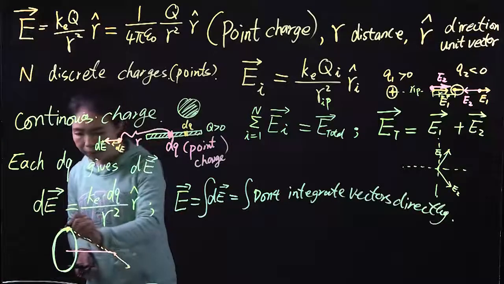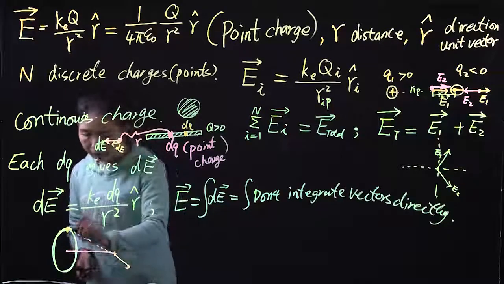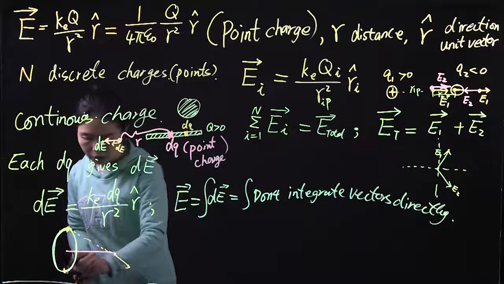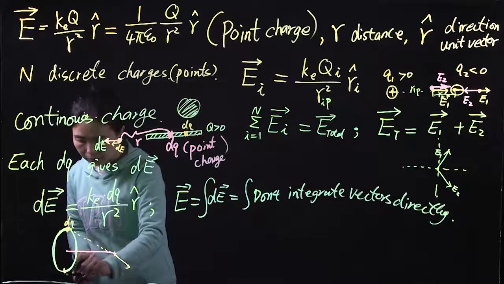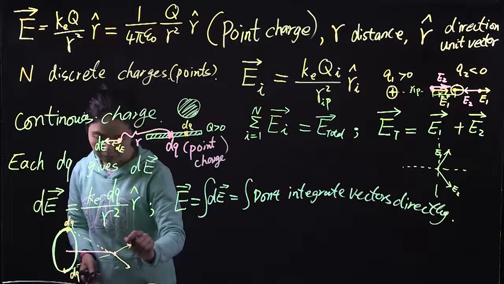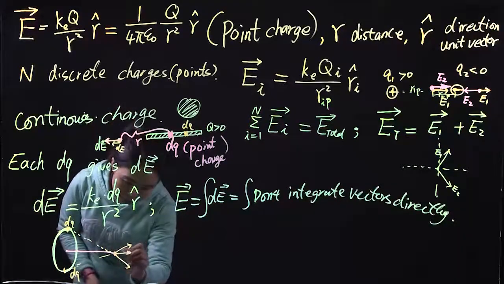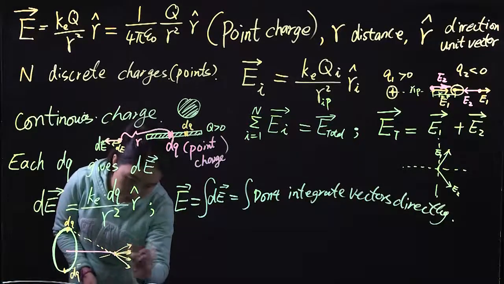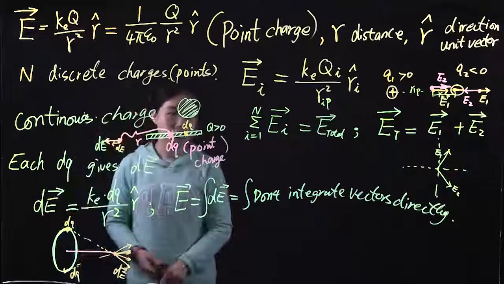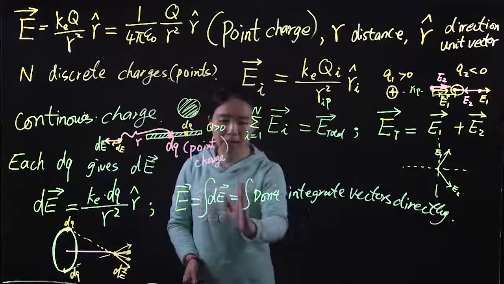Then another small dq is going to create something along this direction. You have an opposite one here facing the first charge. All these adding together give you many small dE, and none of them are in the same direction. You cannot integrate them together. That's a big no-no. Stop right here.